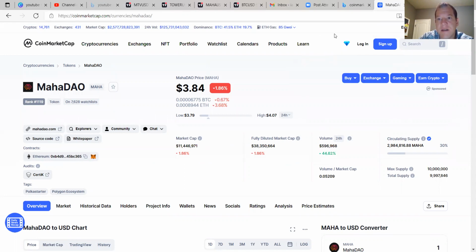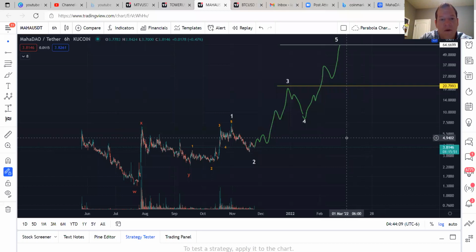I imagine a good comparison from a price action standpoint for this would be Trias. The tokenomics of it are very similar to Trias as far as the market cap when Trias was around this price level, and the supply of the coin itself.